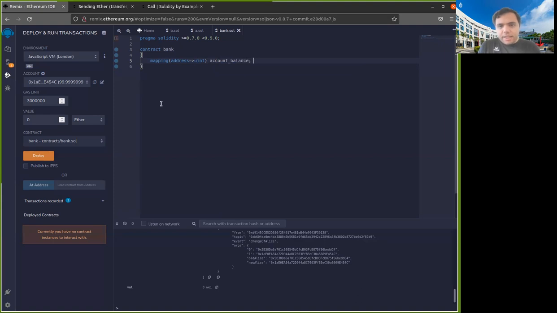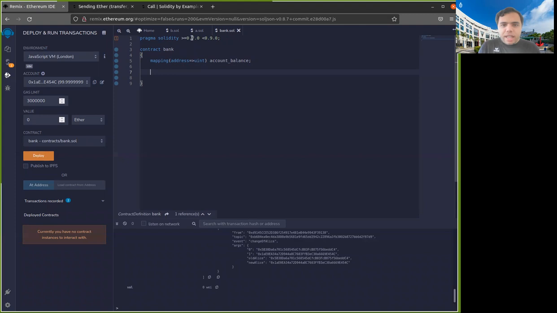And the idea is that the account balance of each address, of each individual, will tell me how many tokens or how many units of currency they have in their account. Now, again, I'm not going to use a token other than Ethereum itself. So I'm actually going to have a bank where people can deposit and transfer Ether.